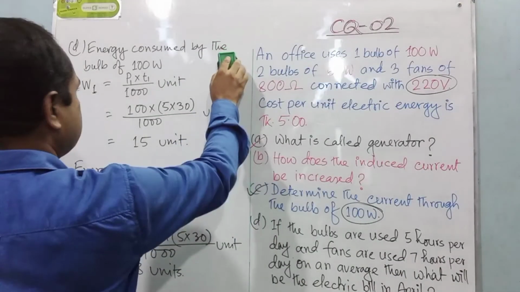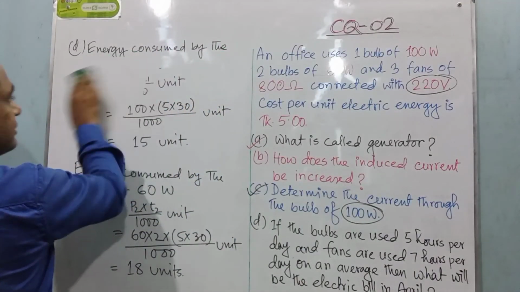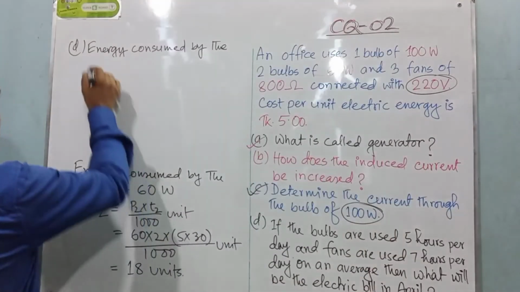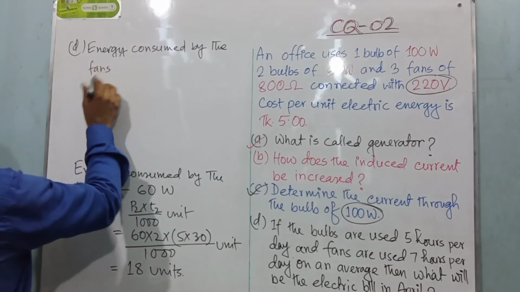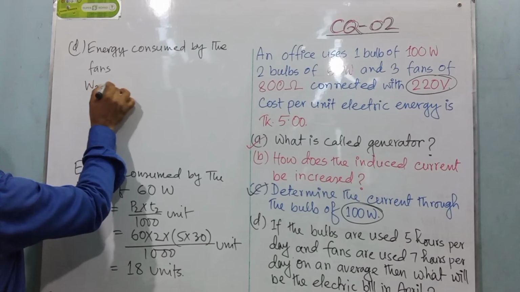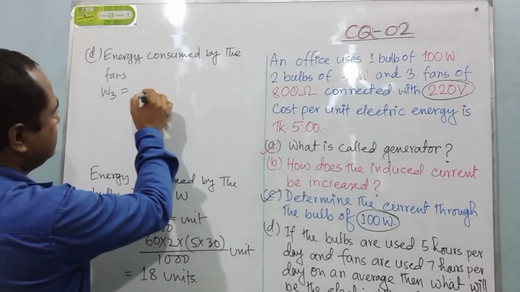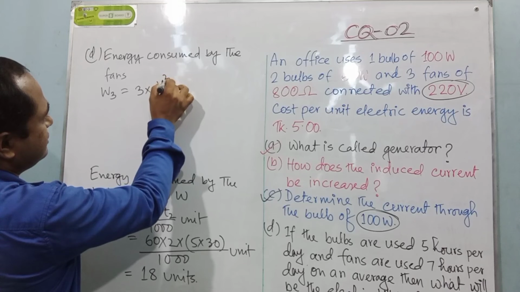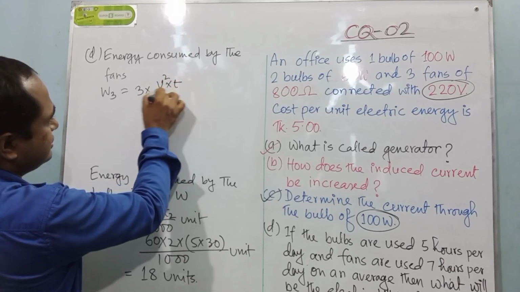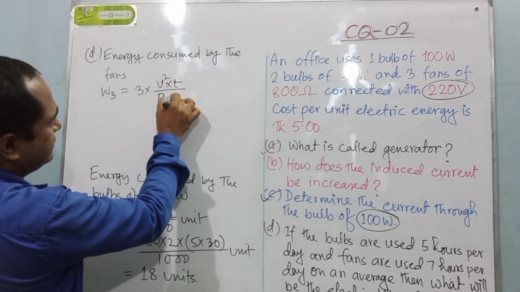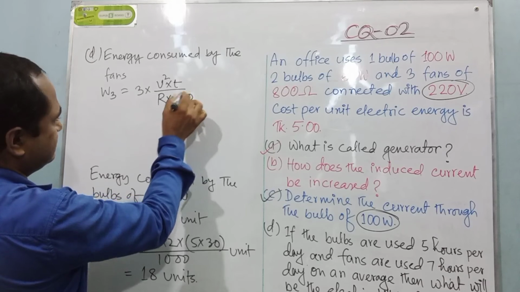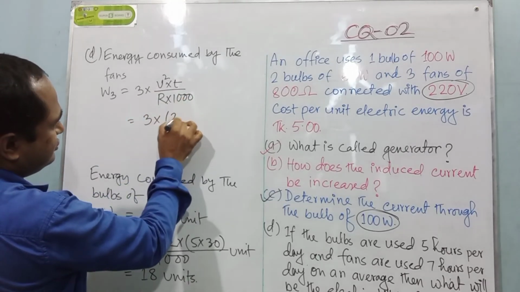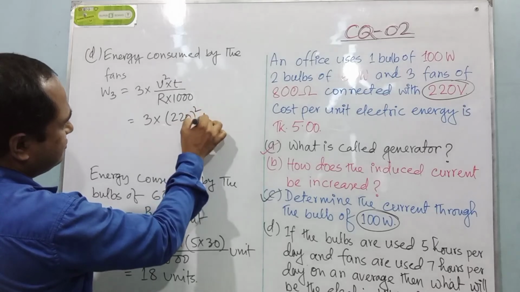Now we are going to calculate the energy consumed by the fans. So energy consumed by the fans, if denoted by W3, they are using 3 fans, so 3 multiplied by V square into T divided by R into 1000. Okay, 3 multiplied by V square means 220 volt square.